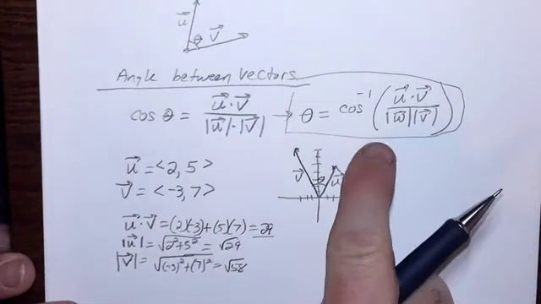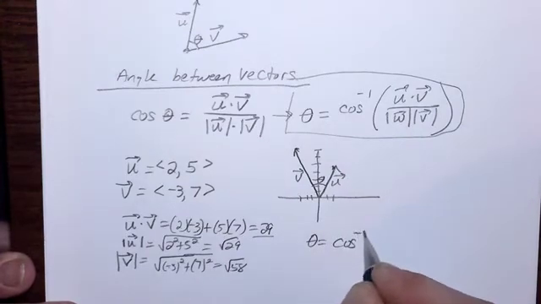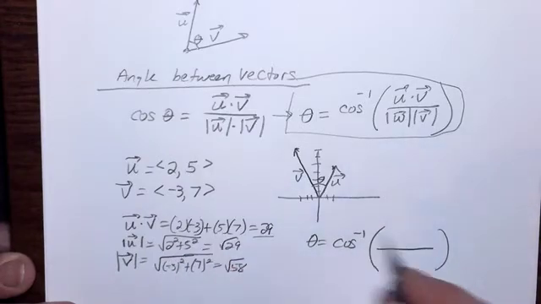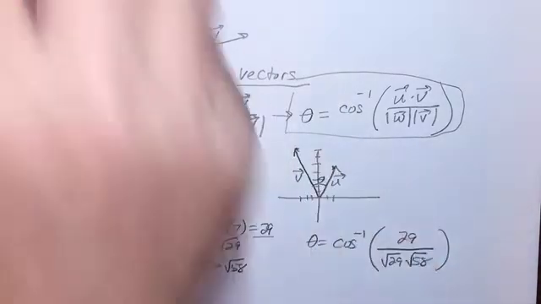So now we're going to use this formula right up here and plug in what we know. It's the inverse cosine of the dot product, which was 29, over these two things, the magnitudes multiplied together, square root of 29 times the square root of 58.